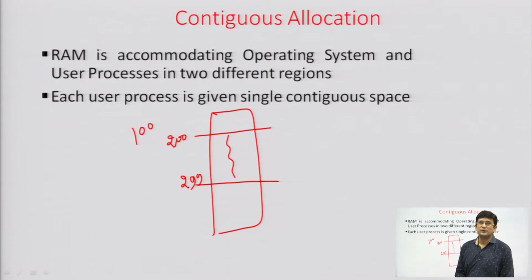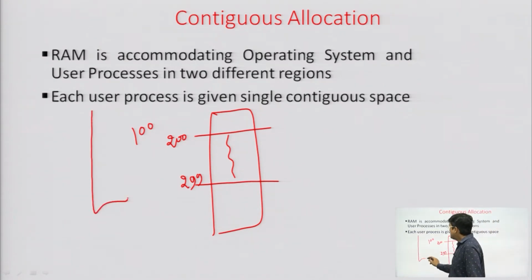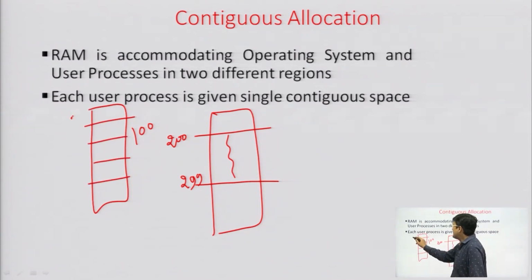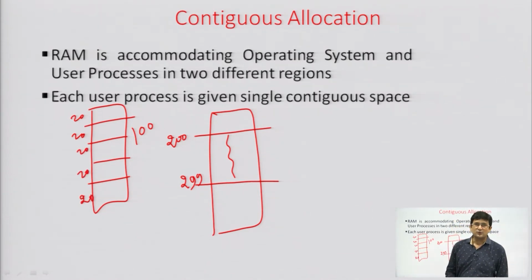So, this is the contiguous scheme. What may be the non-contiguous scheme? We may divide this process into several chunks, let us say each chunk is of size 20, and these chunks are accommodated in different portions of the memory. That will be non-contiguous allocation. Contiguous allocation says that we have to accommodate our process in one contiguous space only.